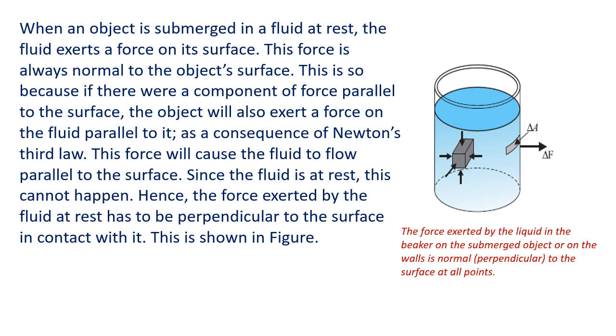And as a consequence of Newton's third law, this force would cause the fluid to flow parallel to the surface. But the fluid is at rest. This can't be practically possible. So the force exerted by the fluid at rest has to be perpendicular to the surface in contact with it, as shown in the diagram.